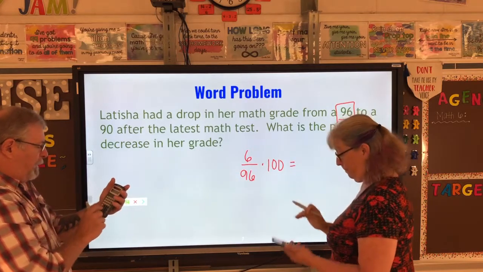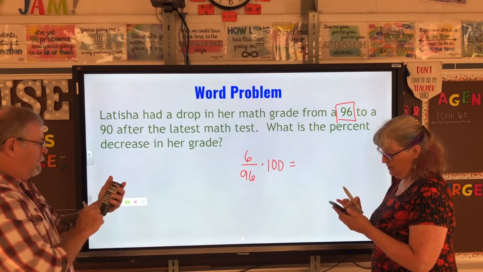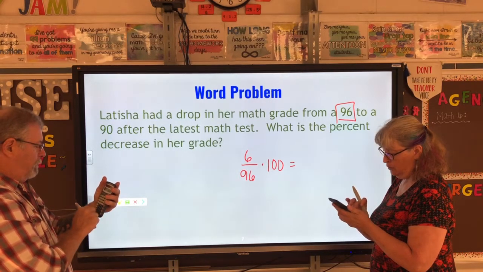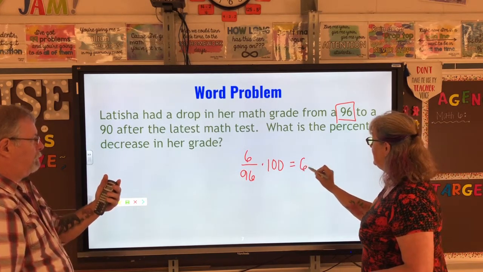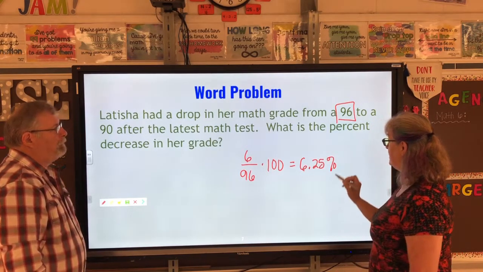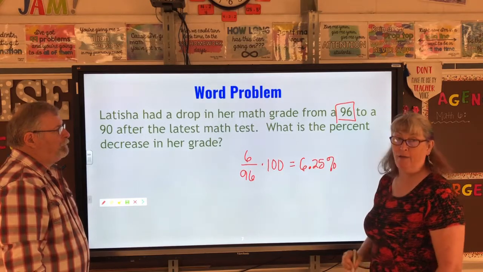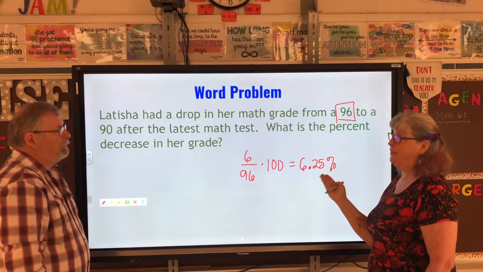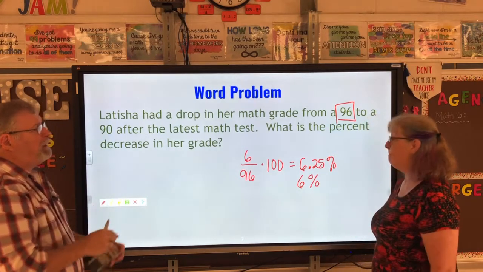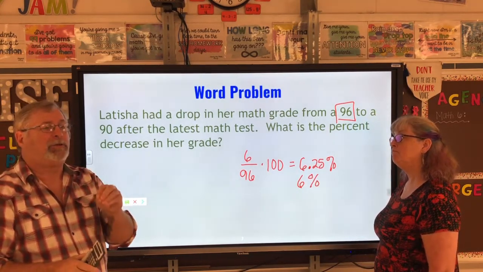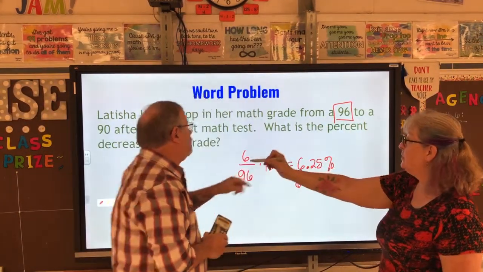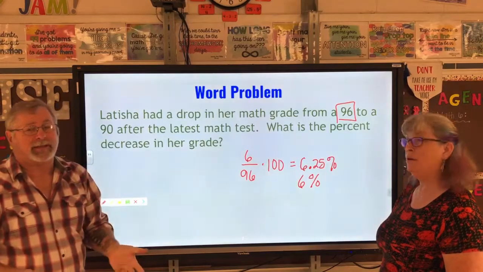So that's not that bad a change. 6 divided by 96 times 100, and we get a 6.25% decrease. I wrote the 0.25 because it was a decimal that ended. A lot of times students think about percent change and go, well, she went from a 96 to a 90, so she has a 6% change.